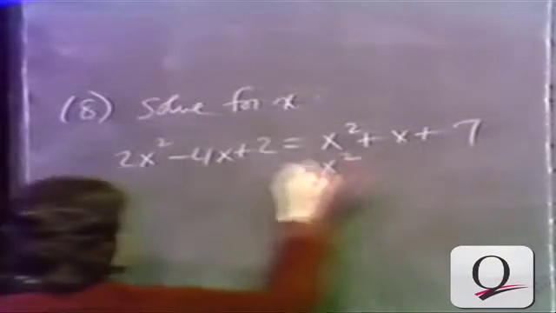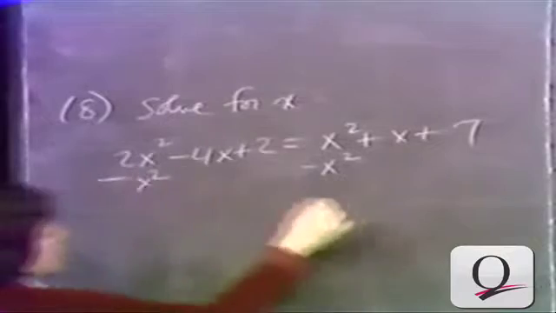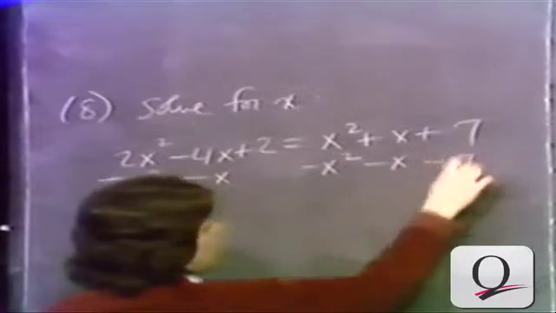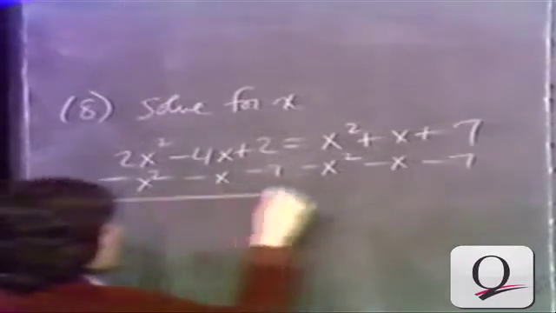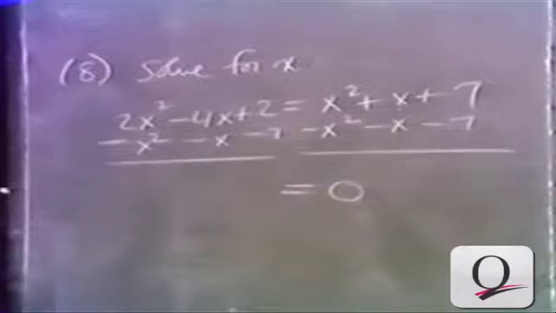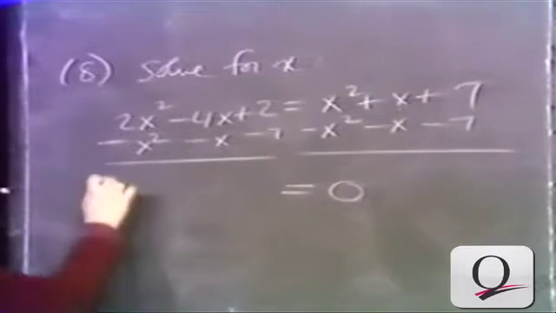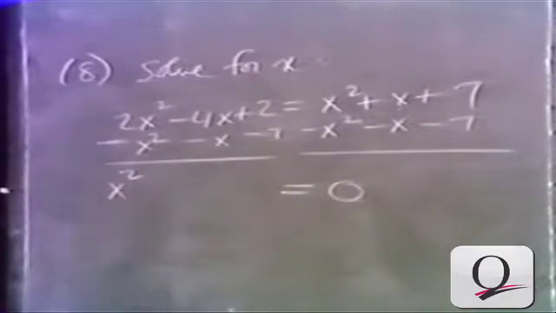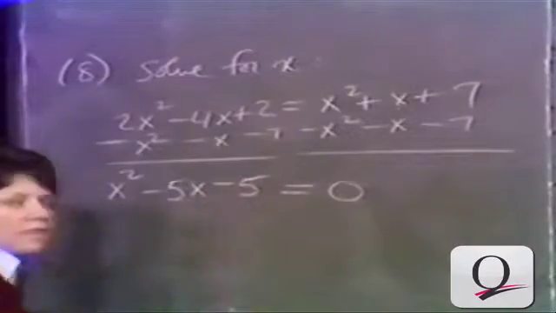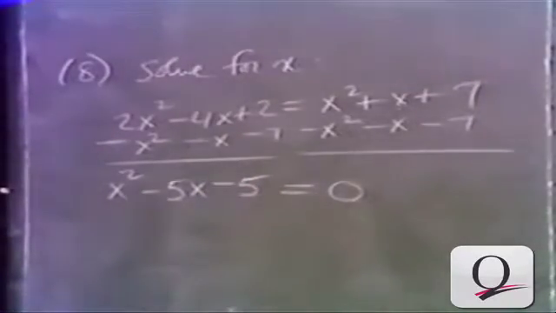So we can subtract x squared from both sides, subtract x from both sides, and subtract 7 from both sides. This, of course, will give us just 0 on the right, and on the left we'll have x squared minus 5x minus 5 equals 0.